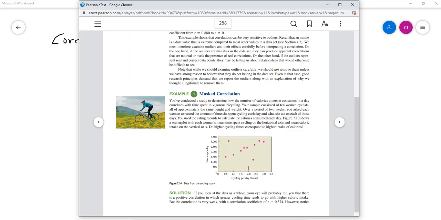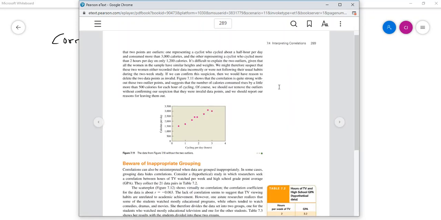But we look here and we think, well, maybe these people weren't pedaling very hard, or they weren't going up a hill, or they're going downhill a lot and they weren't burning so much. This guy here, he cycled a little bit and burned a lot. Maybe he's in a different gear, maybe steeper hills. So we'd have to kind of look at this and see, why are these two so different from all the other ones, right? So there's lots of things to think about with correlation.